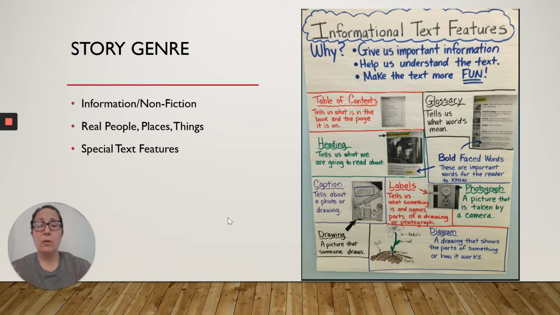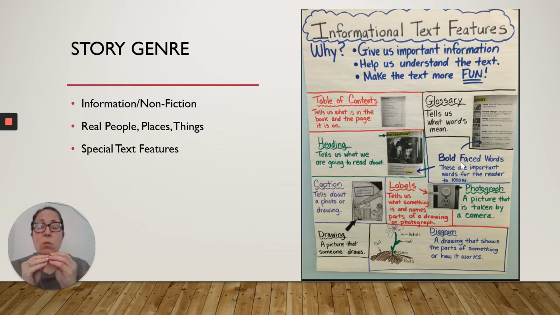So, friends, those informational stories, those nonfiction stories, they're about real people, real places, and real things. And what makes them informational stories is also those special text features. Some of those text features are the table of contents, the glossary, the headings, the bold-faced words.